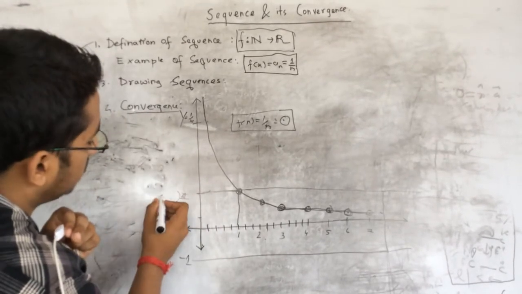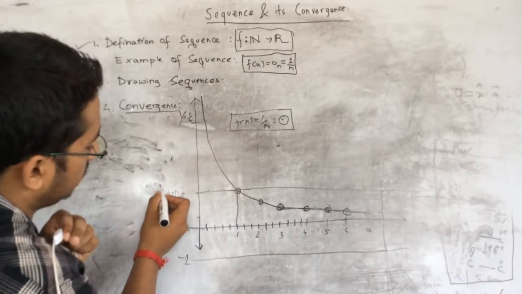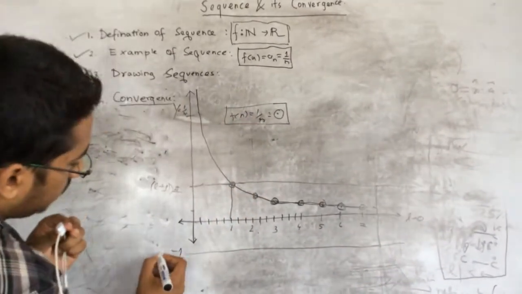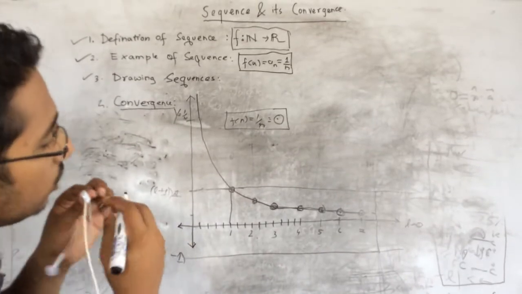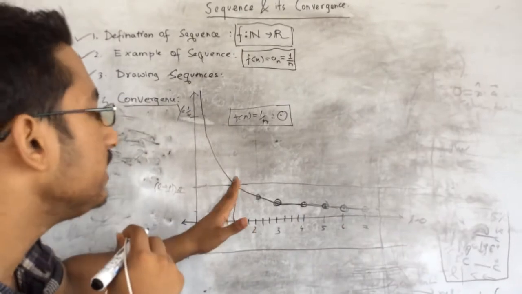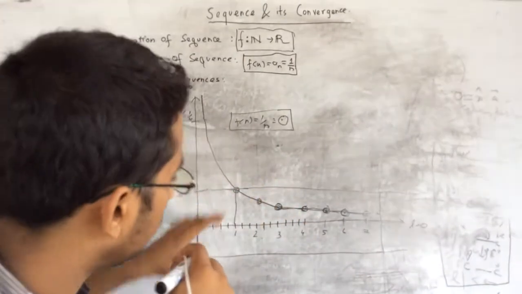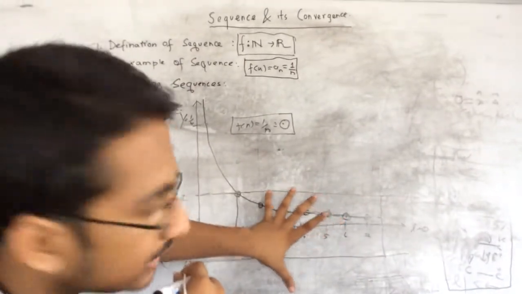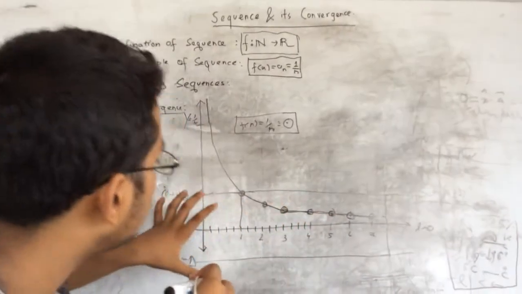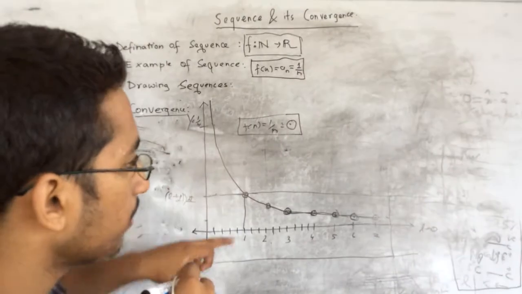In the limit it's L plus 1 to L minus 1, and here L equals 0. So in this interval, from the very start, all the terms of the sequence lie in this range: 1/2, 1/3, and so on, all less than or equal to 1.